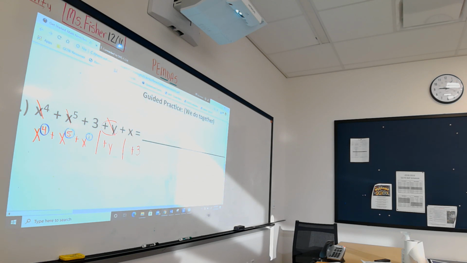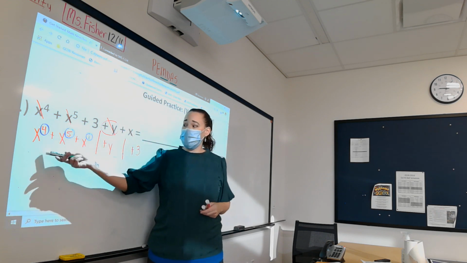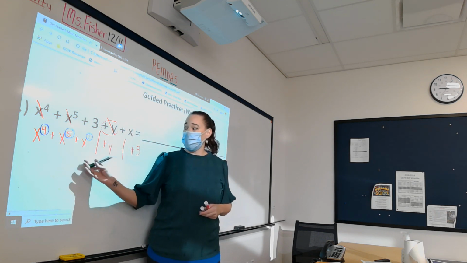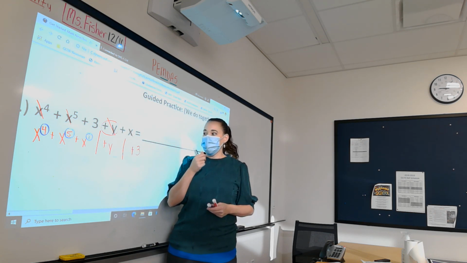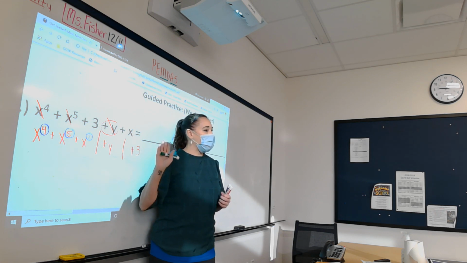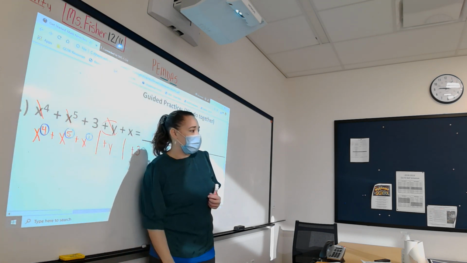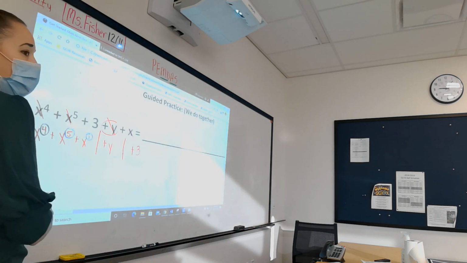So now that we see I can't combine any of these terms, now I have to put it in the proper order, okay? Proper order states, again, we've already set it up good, right? Because we know our variables go first, our constant goes last, and then the variables to the highest power go first. So I see I have a 4, a 5, and a 1.